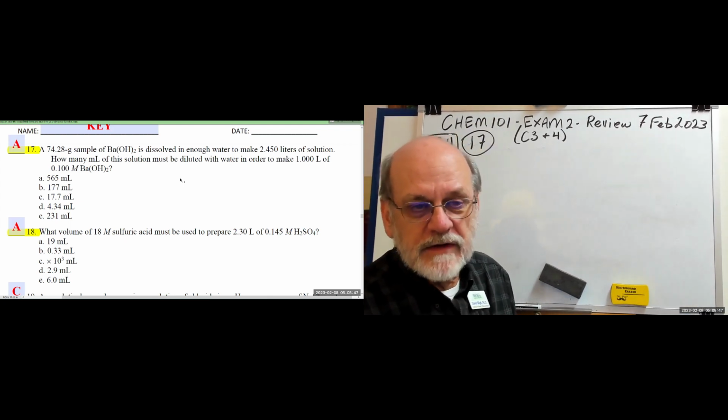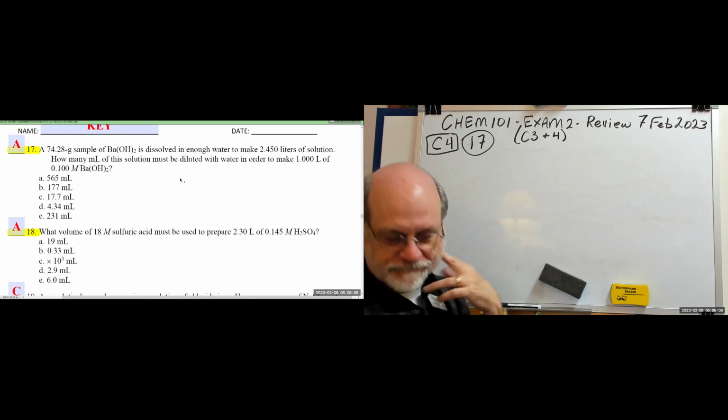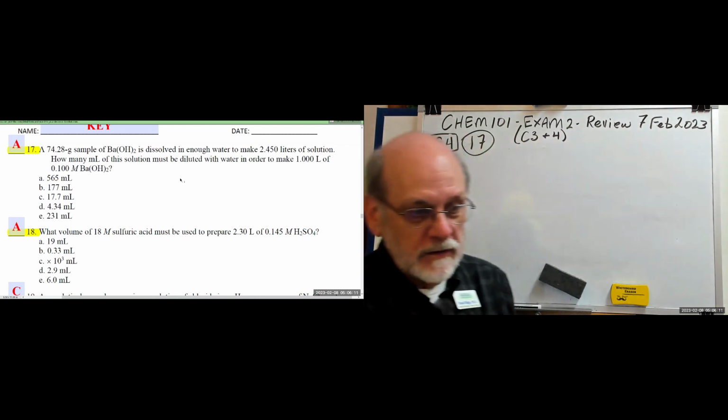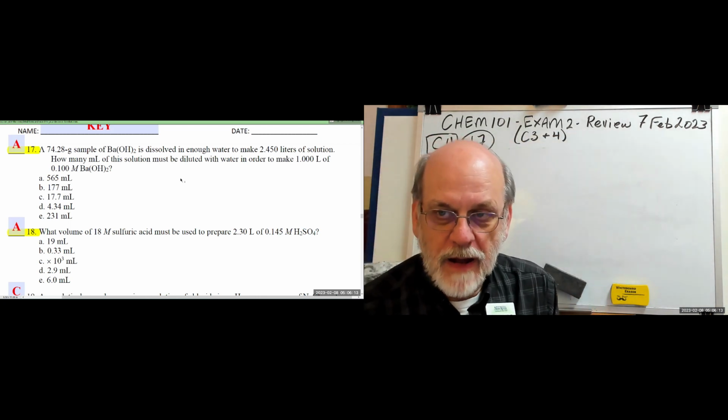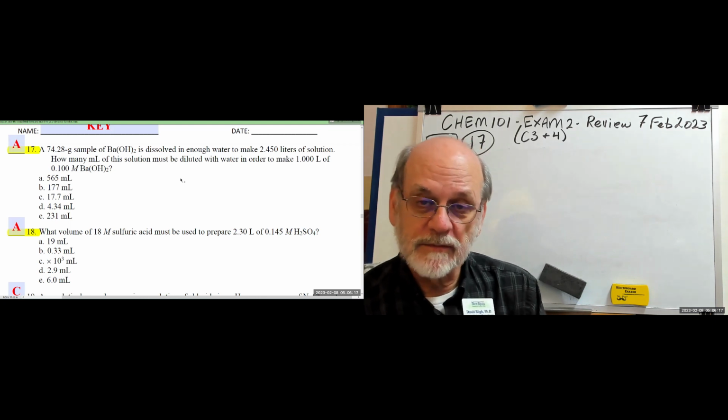All right. A 74.28 gram sample of barium hydroxide is dissolved in enough water to make 2.45 liters of solution. How many milliliters of this solution must be diluted with water in order to make 1 liter of 0.1 molar barium hydroxide? All right. This problem is a 2-step problem.